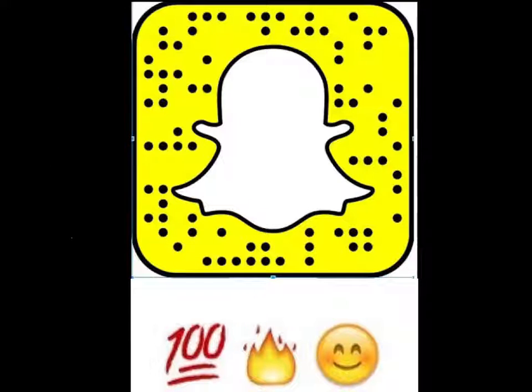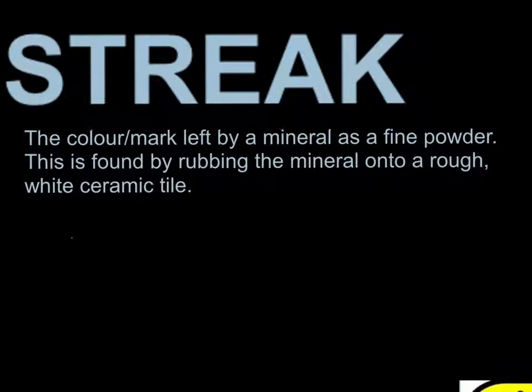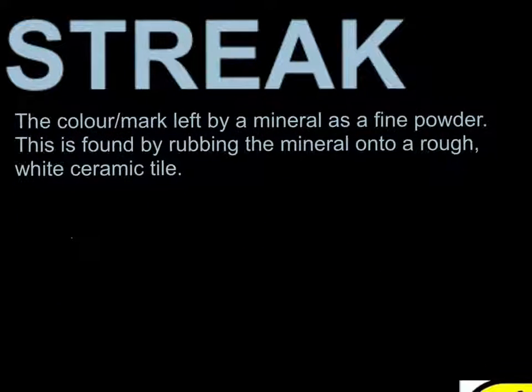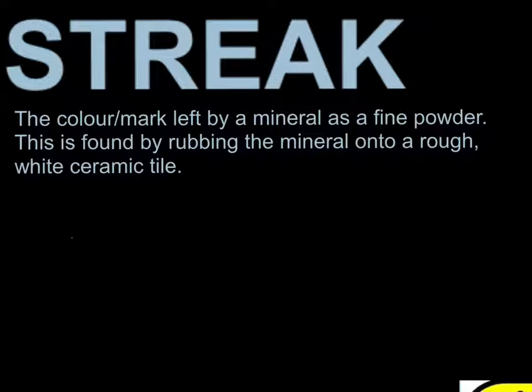The next test that we can use to identify minerals is looking at the streak. Sadly, this does not relate to Snapchat, so it's maybe not as exciting as you were hoping, but it's still kind of fun. So the streak of a mineral relates to the color that is left when you make that mineral into a fine powder.